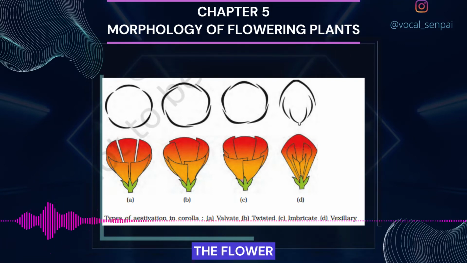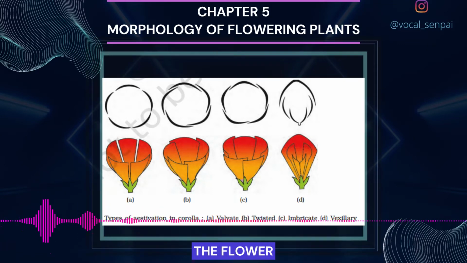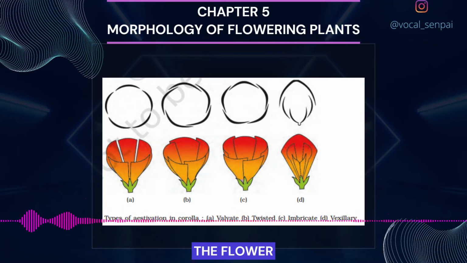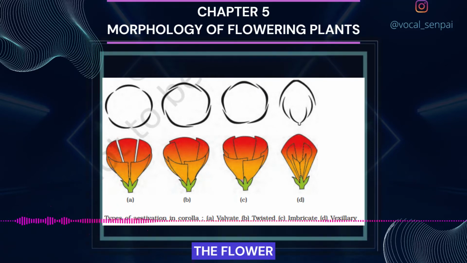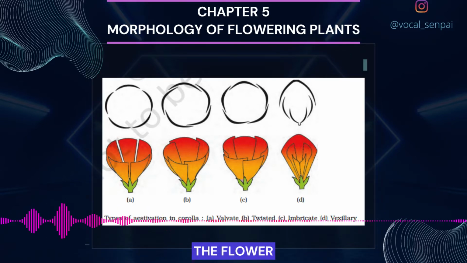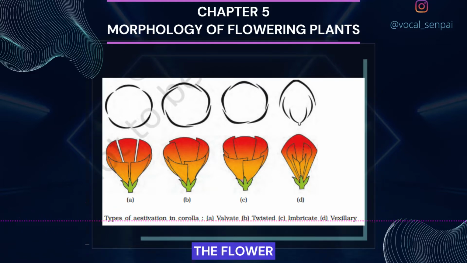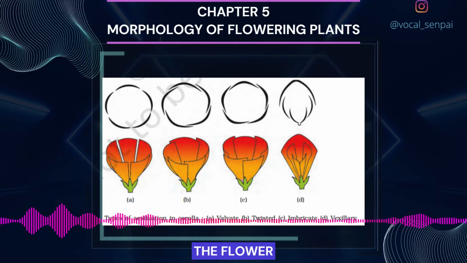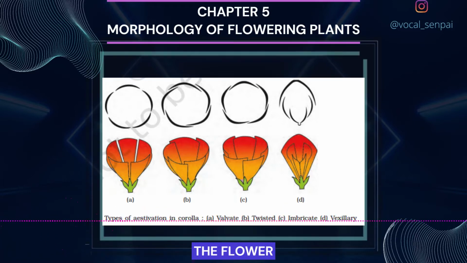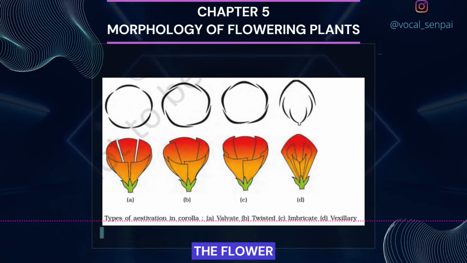The stamens may be united into one bunch or one bundle, monoadelphous, as in China rose, or 2 bundles, diadelphous, as in pea, or into more than 2 bundles, polyadelphous, as in citrus. There may be a variation in the length of filaments within a flower, as in salvia and mustard.